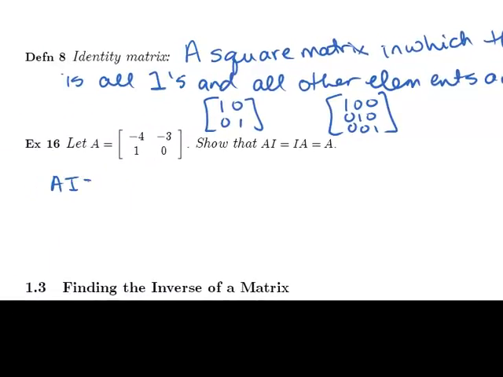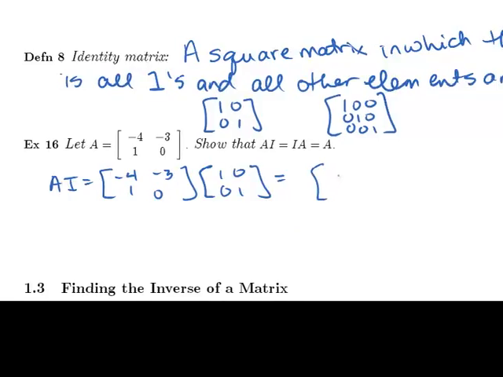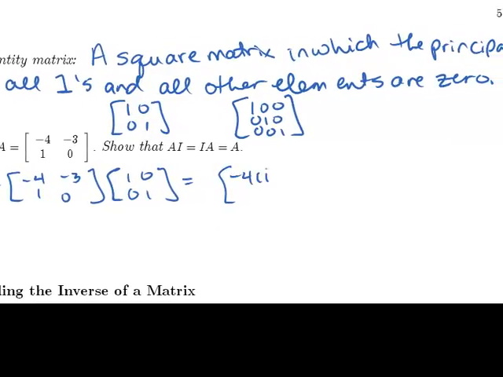So just to show you, A times I in this case, we have -4, -3, 1, 0. If we multiply that by 1, 0, 0, 1, then again we take the first row, first column, and you end up with -4 times 1 plus -3 times 0, and then -4 times 0 plus -3 times 1, so you can see how you're getting your terms back here.